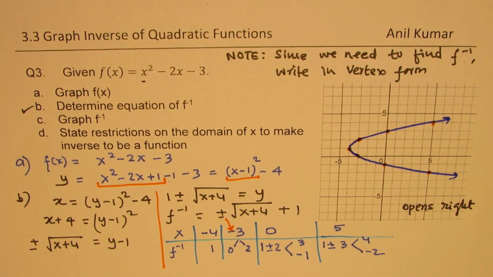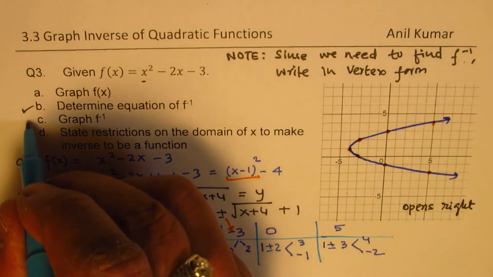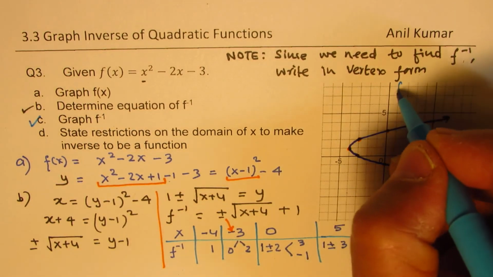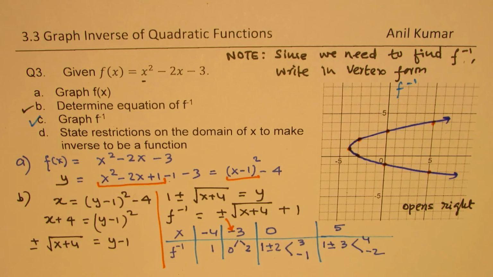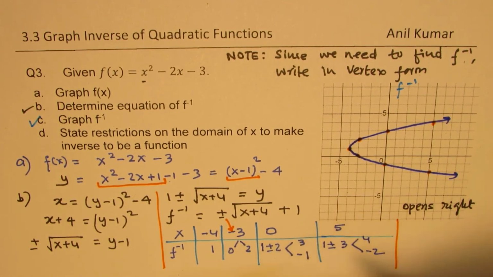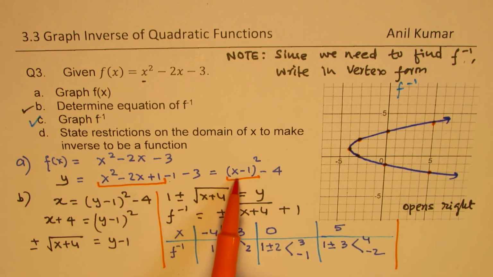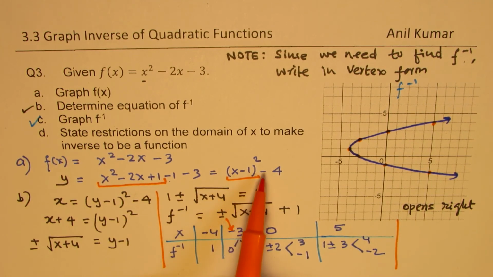Now the last part in this particular case is, so we have sketched the f inverse x. Let me write. State restrictions on the domain of x to make the inverse a function. Now, we know the vertex here is 1, minus 4.